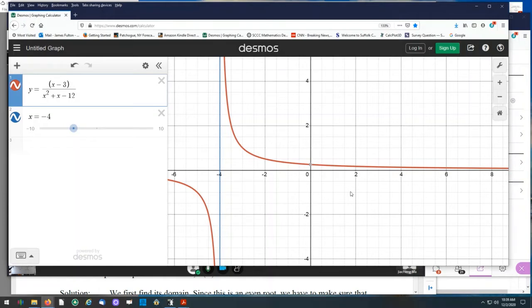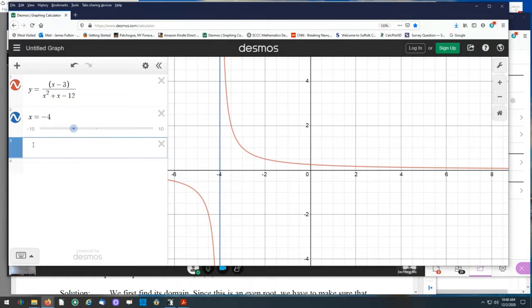If x is equal to 3, they're no longer equivalent, meaning I could cancel and write that as 1 over x plus 4. This function does not equal that function everywhere. At x equal to 3, they are different. This one has a hole in it, this one doesn't, because 1 over x plus 4 is okay at x equal to 3. So they look very similar, but they are not the same thing.